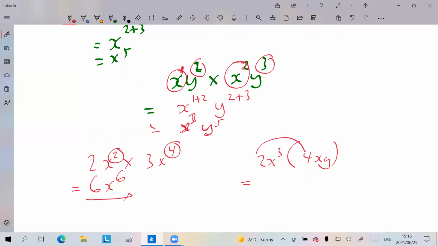So 2 times 4 is 8. X to the power 3 times x. Base is the same, write down the base and add the exponents. 3 plus 1 is 4. There's no y except for this 1, so you'll leave it as y. There's your answer. All right, multiplication, very simple.